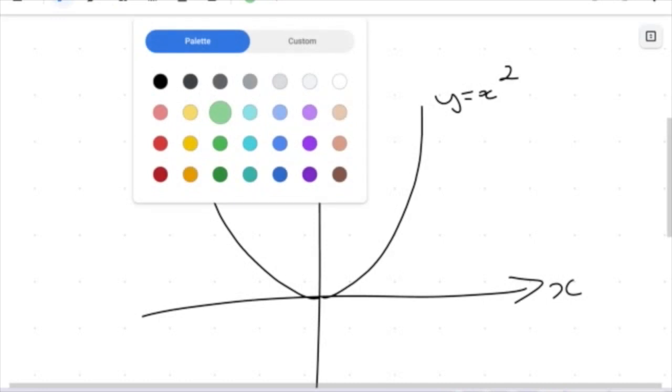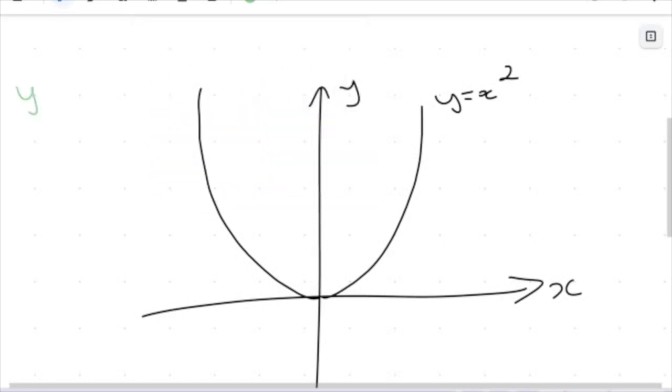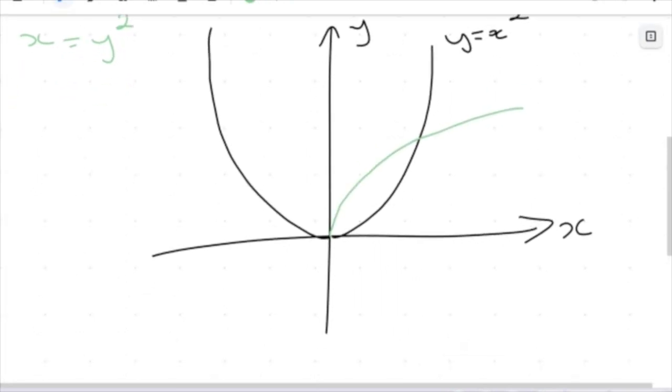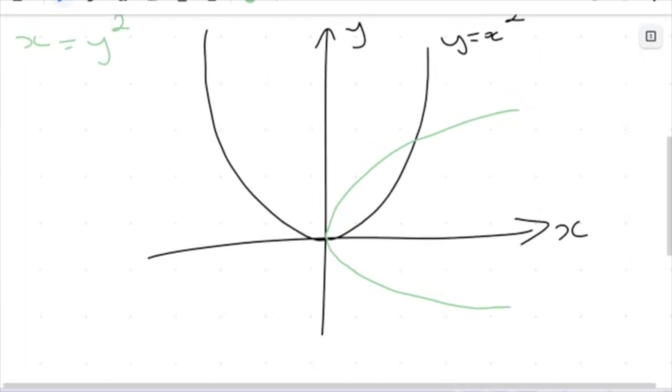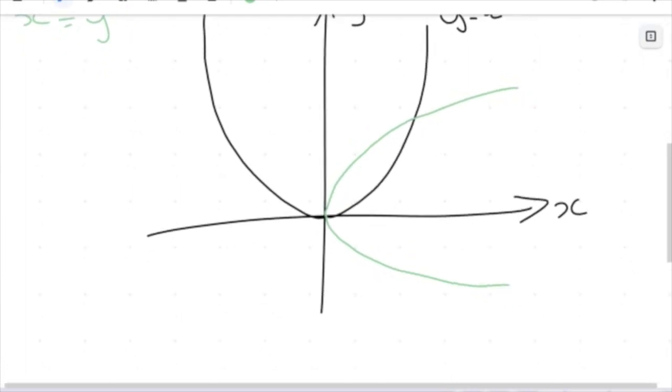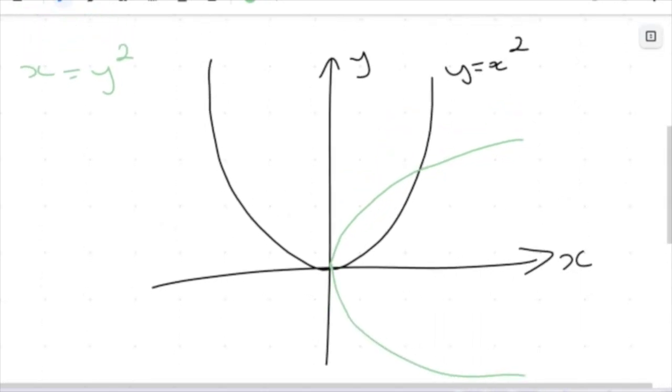So this would be something that looks like, instead of y equals x squared, x equals y squared. So that's going to look something like this. It's a parabola rotated along here. Okay, now this thing is the graph of x equals y squared.